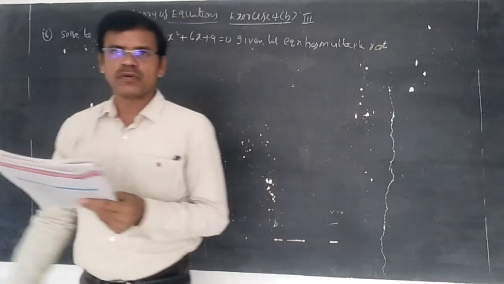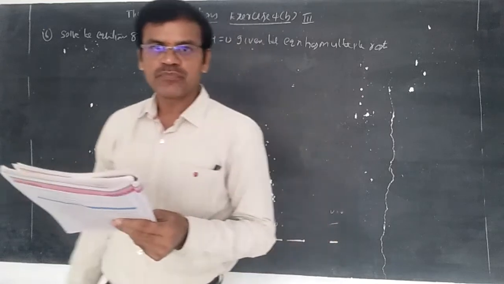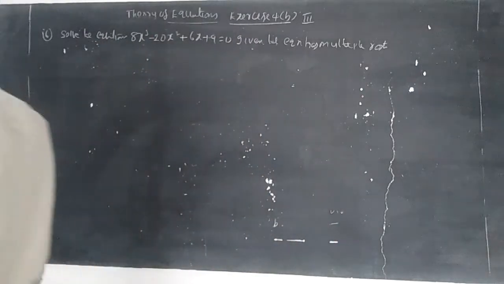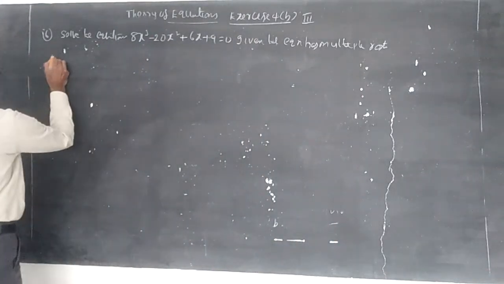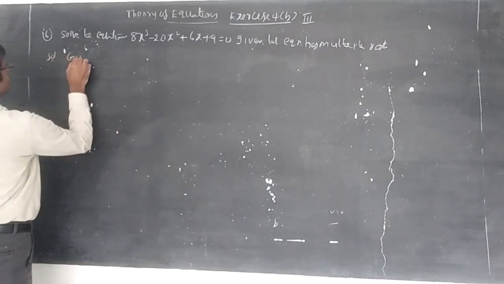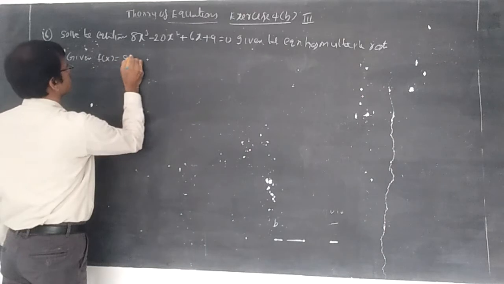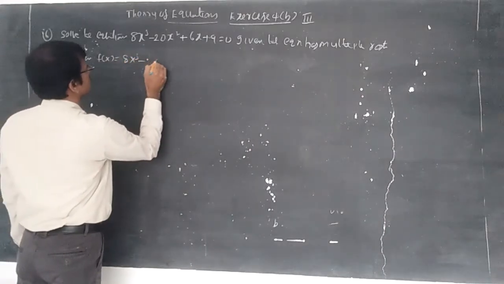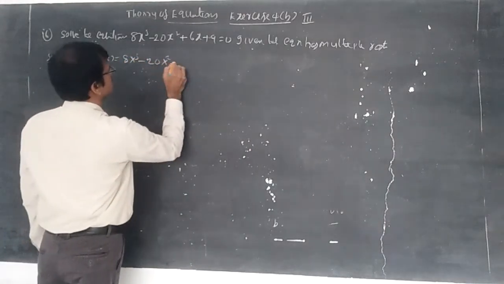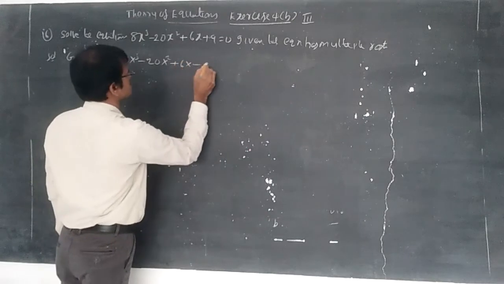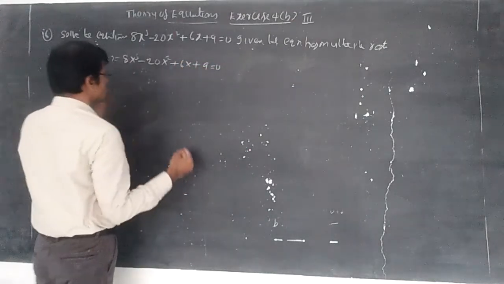Given f of x is equal to 8x cube minus 20x square plus 6x plus 9 equal to 0.